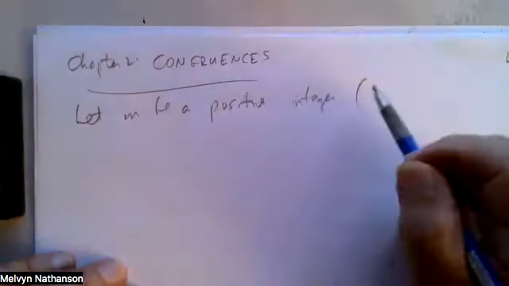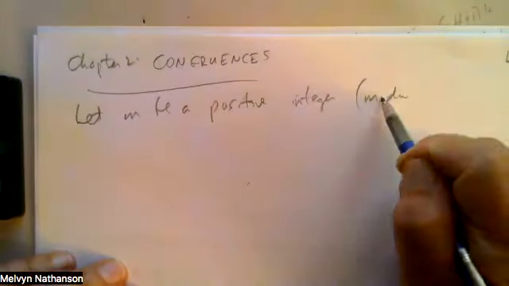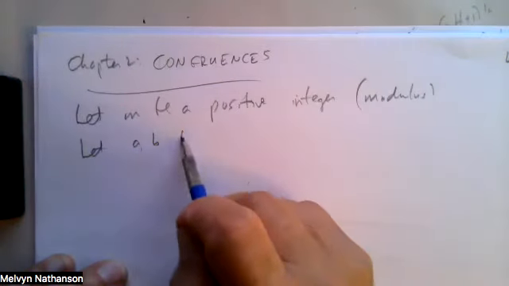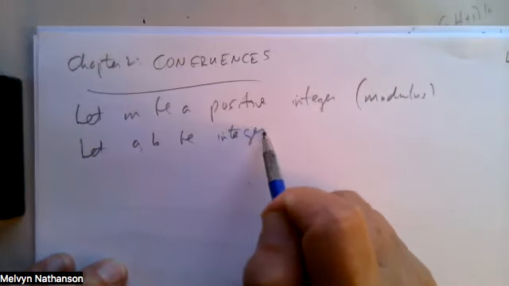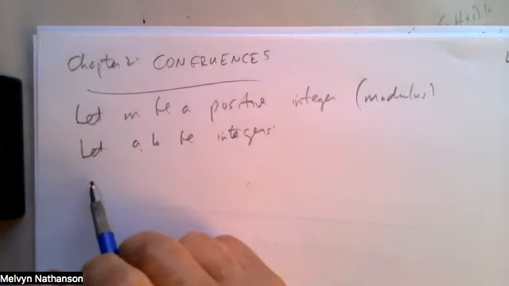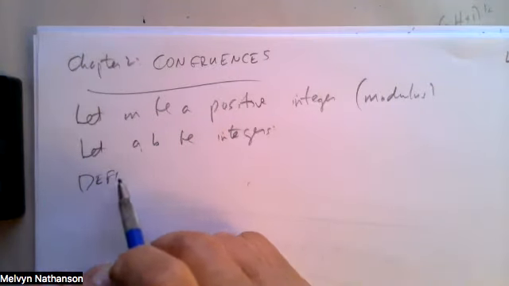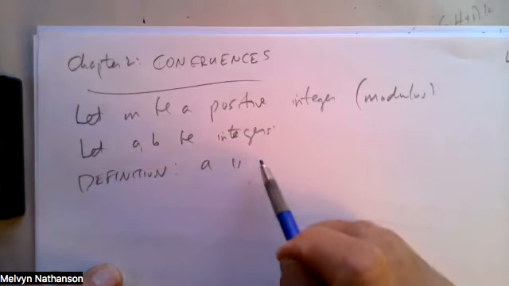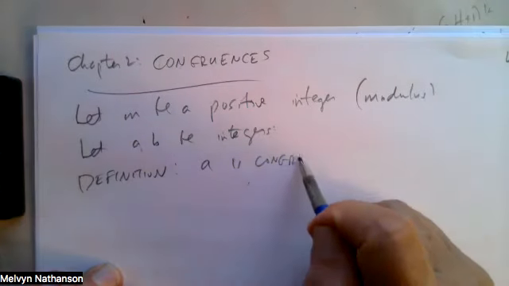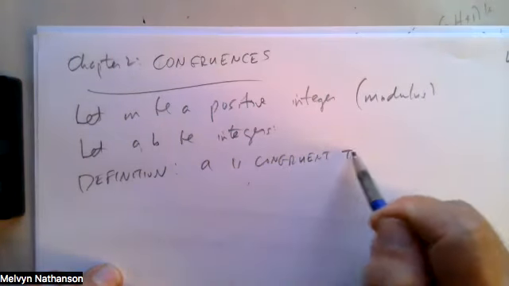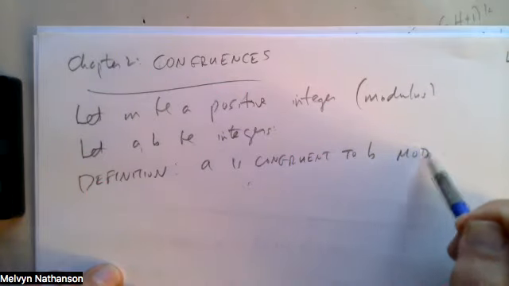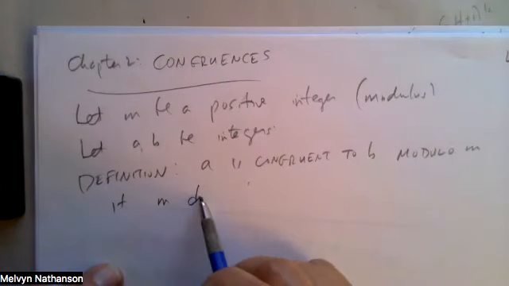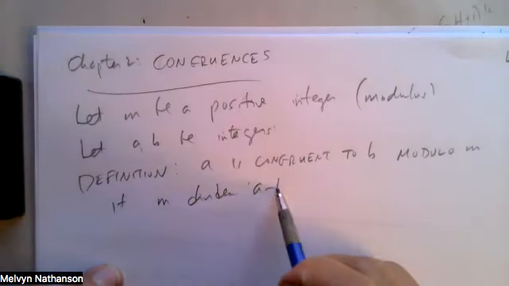The number m that you pick is sometimes called the modulus. And let a and b be any integers. So this is the definition, which is fundamental: a is congruent to b modulo m if m divides the difference a minus b.